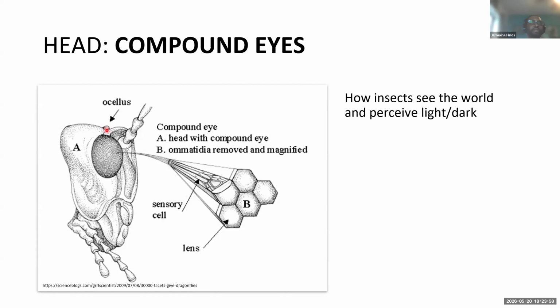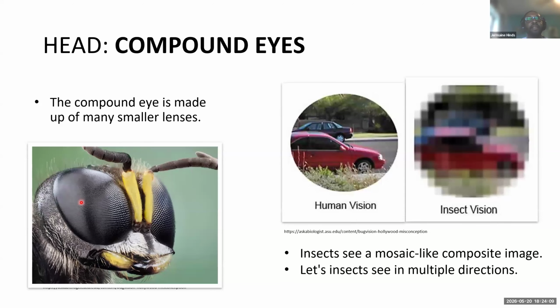Like cockroaches, when you turn the lights on, they run away because they're using their ocellus to sense that shift from dark to light. The compound eye is made of many of these little lenses, and those lenses make up this composite image. It helps give them 360 vision. It's sensitive to movement, but it's not very high resolution vision.